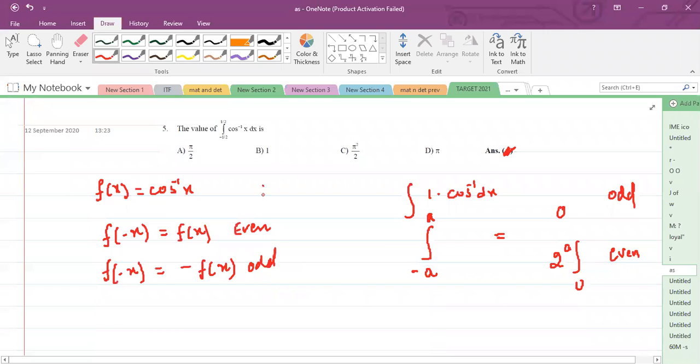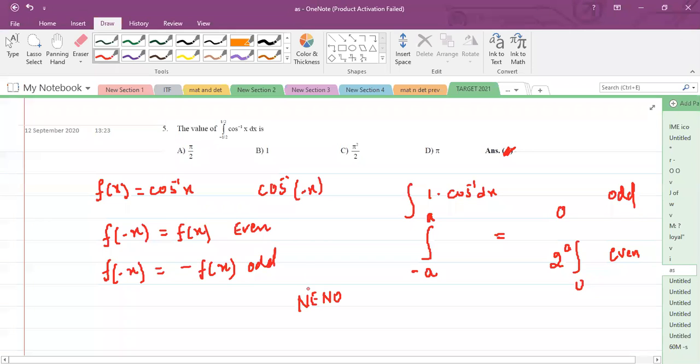Now, is cos inverse of minus x equal to cos inverse of x? No. Is cos inverse of minus x equal to minus cos inverse of x? No. Therefore, this is neither even nor odd.